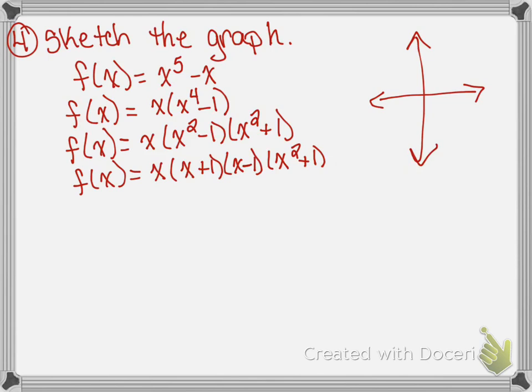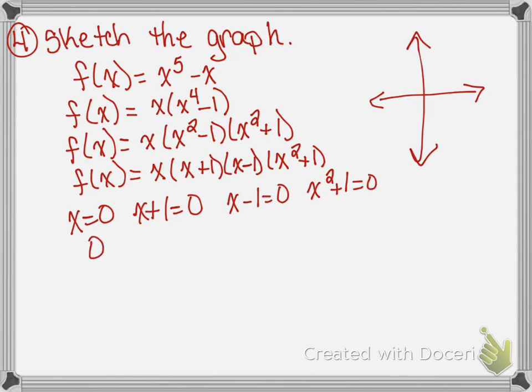So we'll have to set those equal to 0. So now I'm going to have x equals 0, x plus 1 equals 0, x minus 1 equals 0, and x squared plus 1 equals 0. So my zeros are 0, x equals negative 1, x equals positive 1, and x squared equals negative 1.